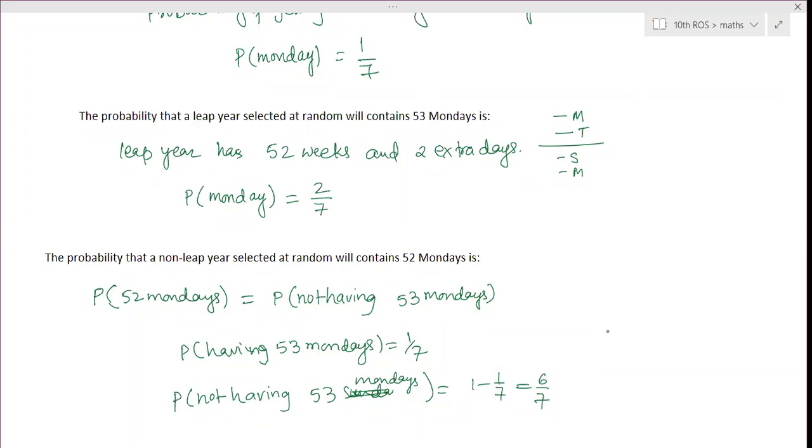Find the probability that a leap year selected at random will contain 52 Thursdays, I think they have given. So it must be 1 minus 2 by 7, that is 5 by 7. Instead of Mondays, they can give you any of the 7 days. But the method is the same.